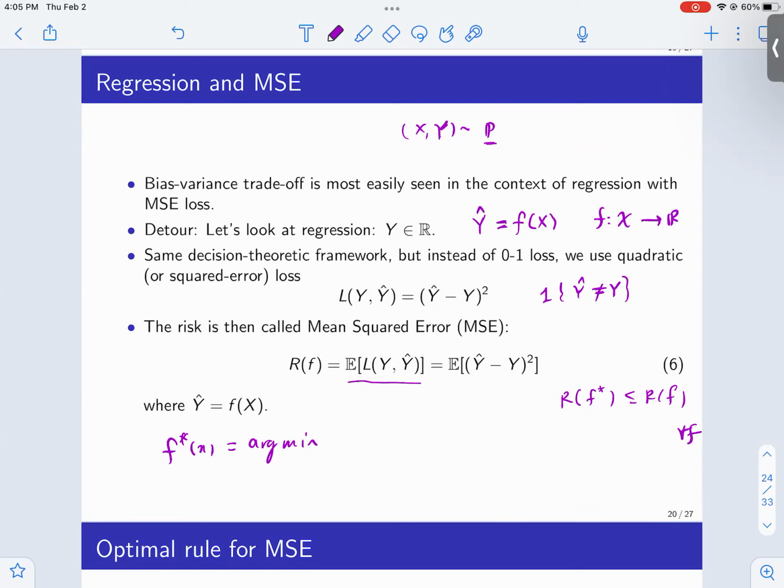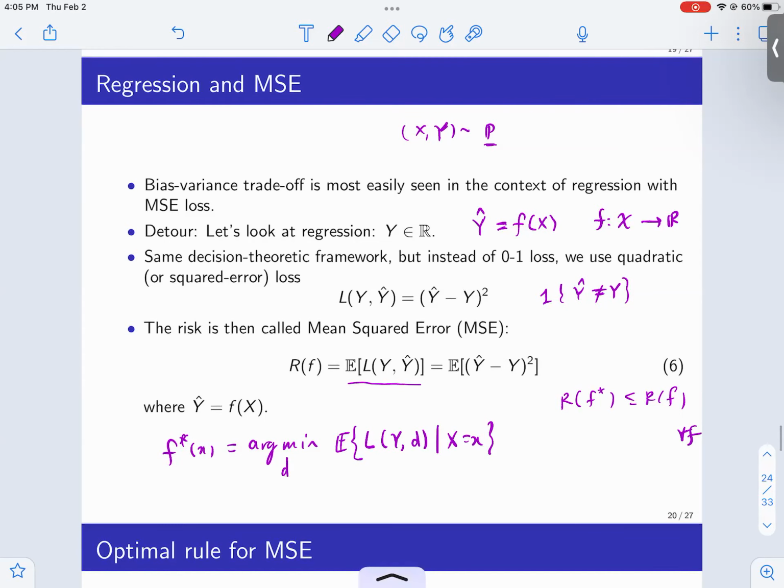So if it was classification, what would you do? You'd write the expected loss of Y, and then you put a decision here, given X equal to x, and then you minimize over d. It used to be d in 0, 1. Now I'm going to do d in R because my decision can vary in R. So that gives you the general form.